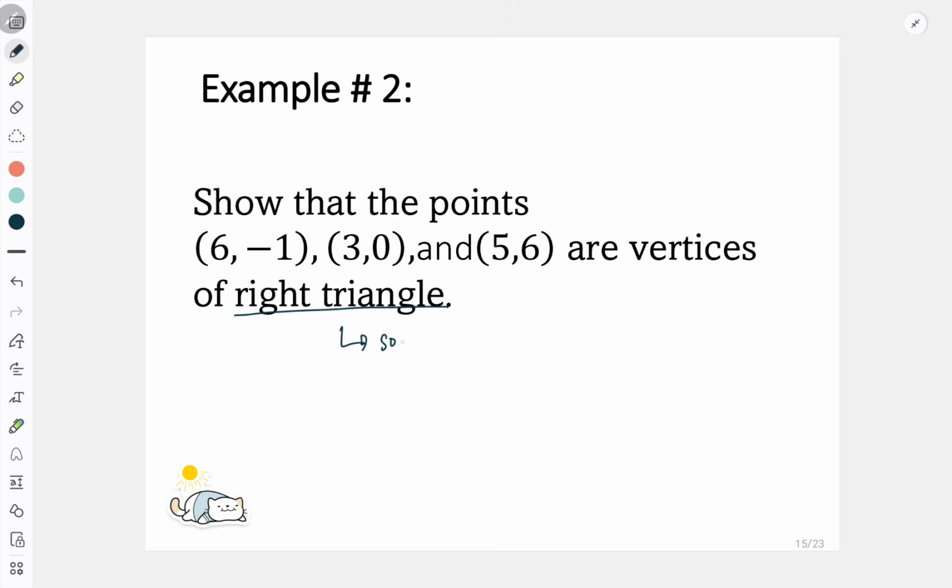So in this case, all we need to do is to get the slopes of the given sides of the triangle and see if there will be two slopes that are negative reciprocals of each other. Because if that happens, then this means that these 3 points will form a right triangle.